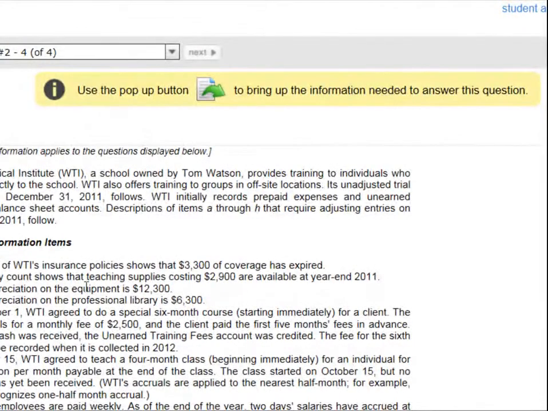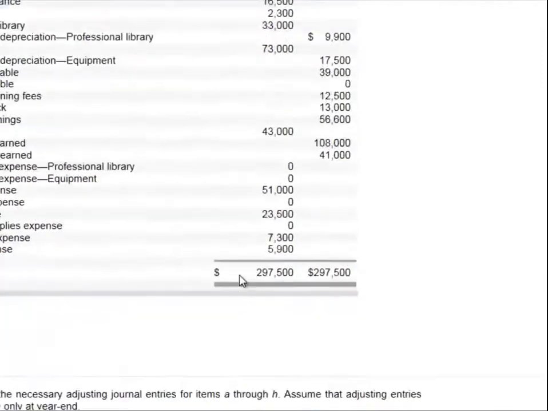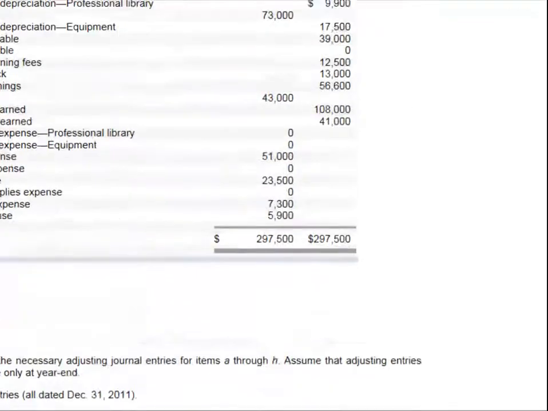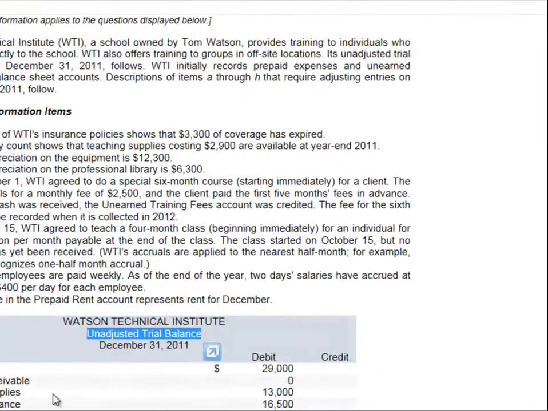B, an inventory count shows that teaching supplies costing $2,900 are available at year-end 2011. That's not the entry we need. That's what's left. We need to know how much we used. So if we take a look at the balance sheet, we had teaching supplies of $13,000.